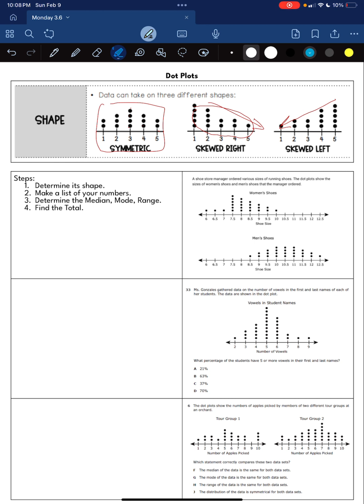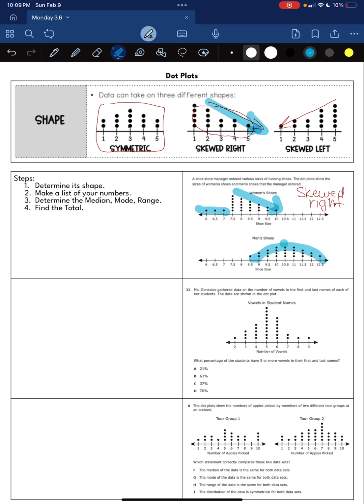So here you can kind of see how the data just kind of falls this way. And there's very few pieces here. So this is not very symmetrical. So if I look at how I've skewed it down this way, we can say that this is skewed right. Now, if I look at the second one, you can kind of see how it's almost perfect.